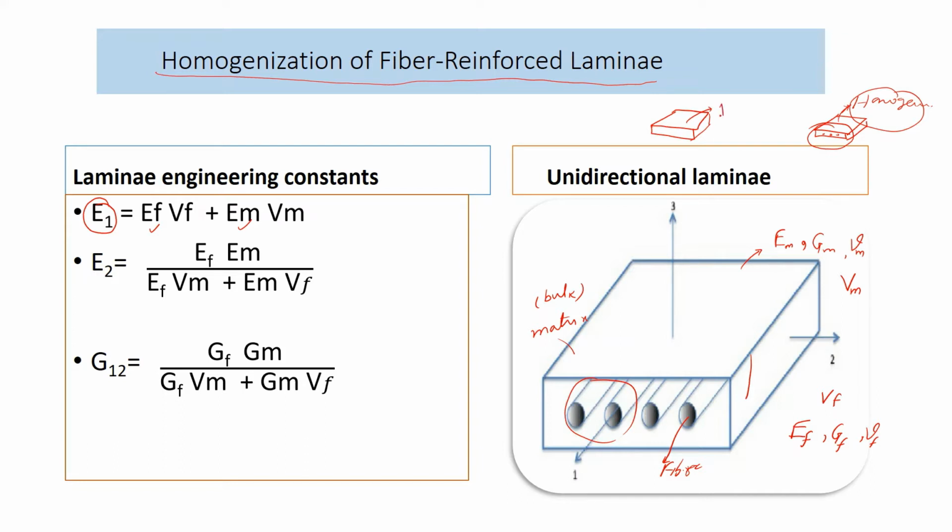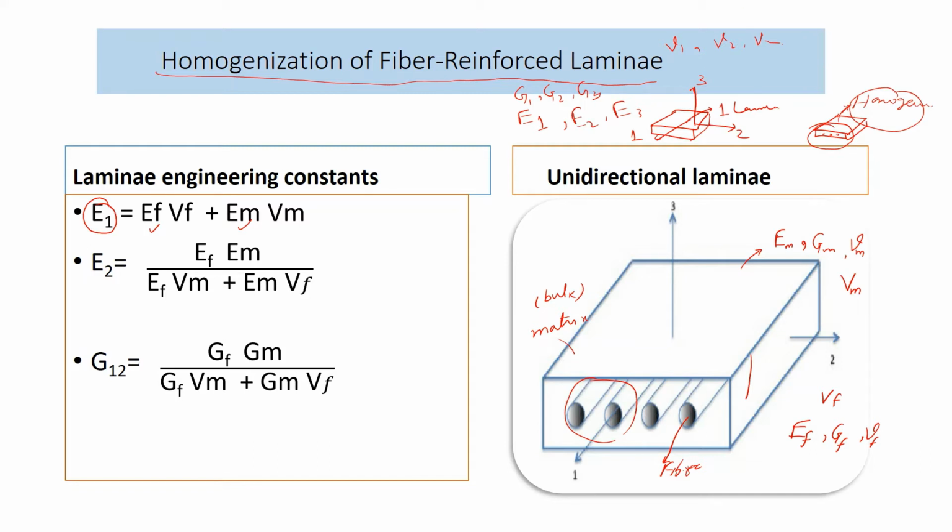Now we will have direction 1, direction 2, and direction 3. So we will have E1, E2, and E3. Similarly G1, G2, G3, and Poisson's ratio nu1, nu2, nu3, and so on. So we will have these lamina properties, not the individual fiber and matrix properties. We are interested only in these.